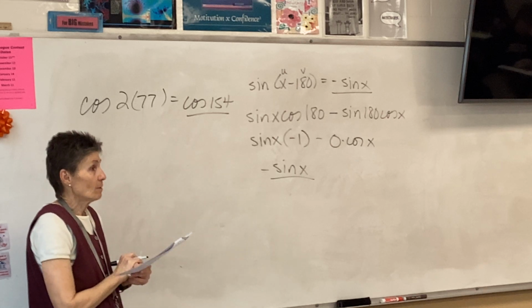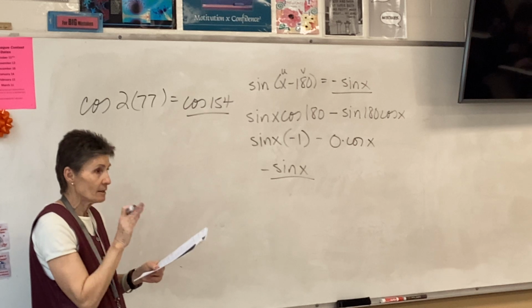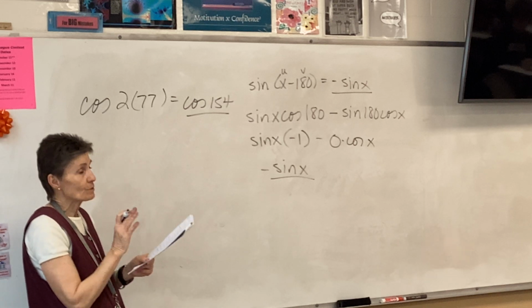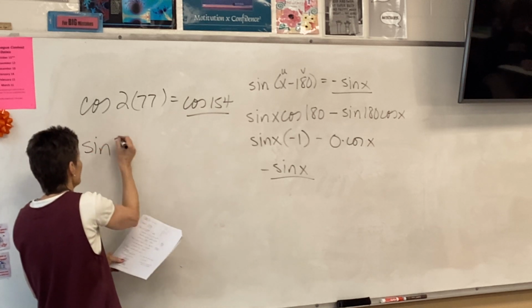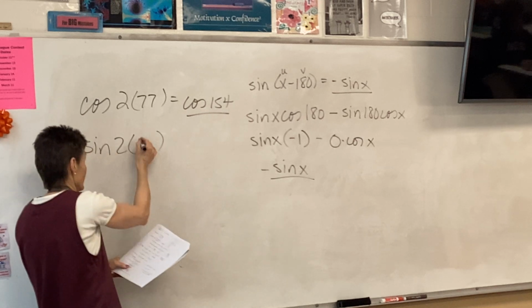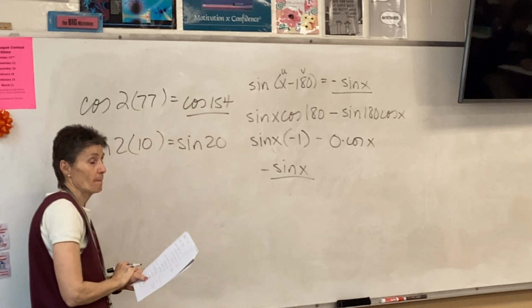Somewhere on the paper, you should see 2 sine cosine. But 2 sine cosine is sine of twice the angle. The angle is 10, so it's sine 20.